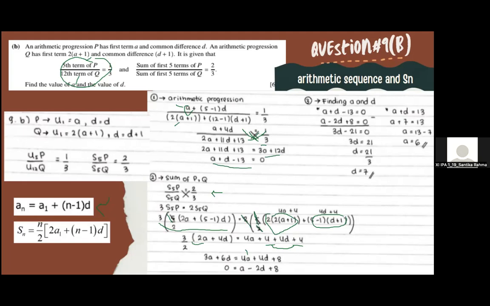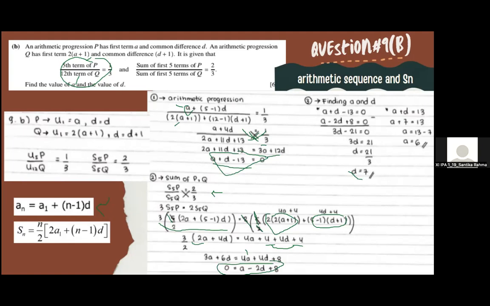The third step is to find a and d. And so we use this equation and this equation, and we use elimination to find d. So a plus d minus 13 equals 0, and a minus 2d plus 8 equals 0.